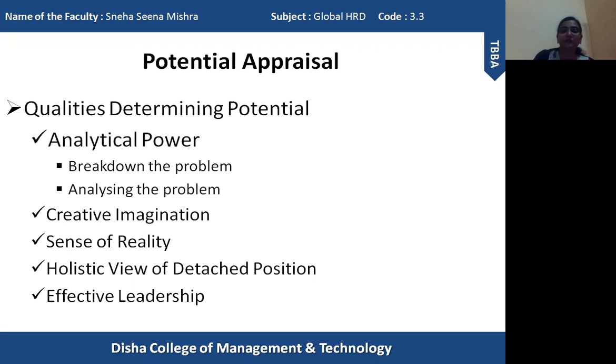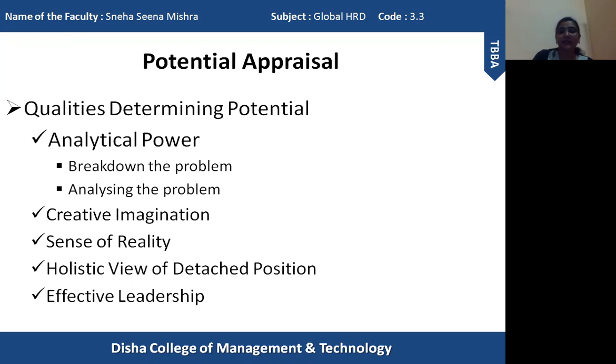Means the problem needs to be divided or broken down into small, proper units, small workable units, because an entire problem may not be very easy to understand. So the first step is to break down the problem in small workable units so that the person can understand each and every unit of the problem properly, thoroughly, and then they can analyze the problem as a whole. So that is the basic way of analyzing any kind of problem or any situation.